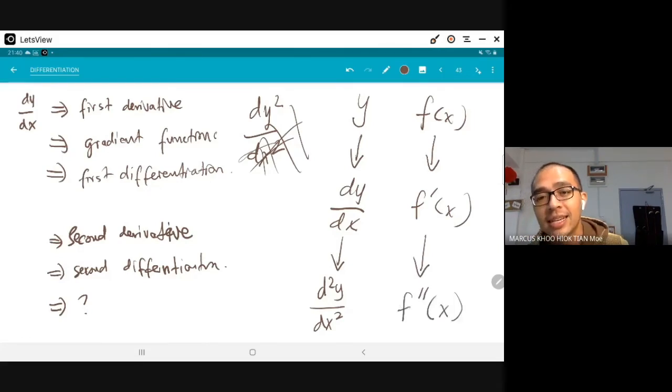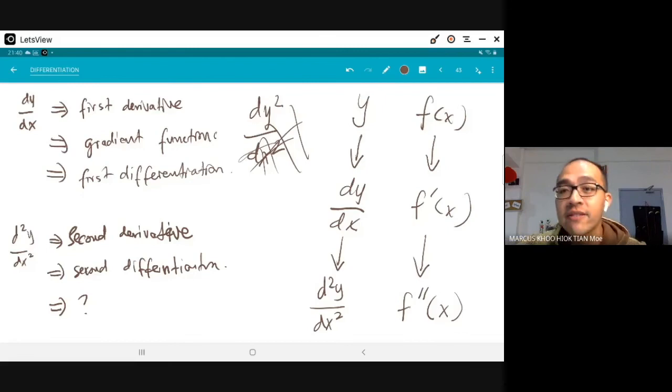Usually at this stage, certain students will ask me, sir, is there such a thing as third derivative, fourth derivative, 10th derivative? God, there are until 100 derivatives if you want. Then what about the prime? If you differentiate 100 times, it's f prime 100 times? Yeah, that's what it is.